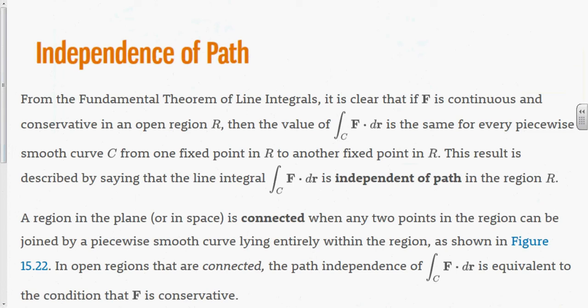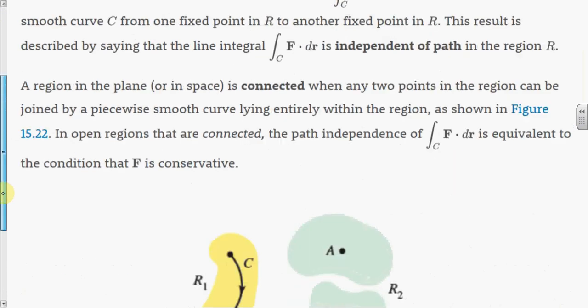Right? But in order to see that the line integral is independent of path, we've got to talk about the region. The region by which I'm evaluating the integral has to be connected. Now, I think we have a graph down here to illustrate connectedness.